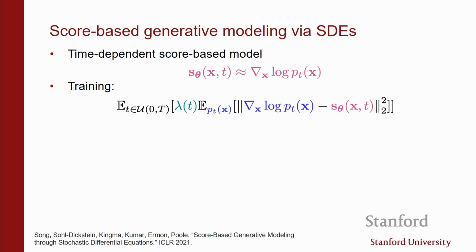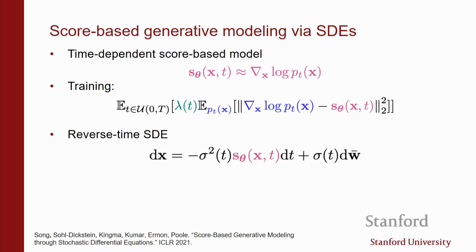So it's the usual thing where we estimate scores of the noise perturbed data density. We can do denoising score matching, and the solution to that regression problem is basically a denoising kind of objective.